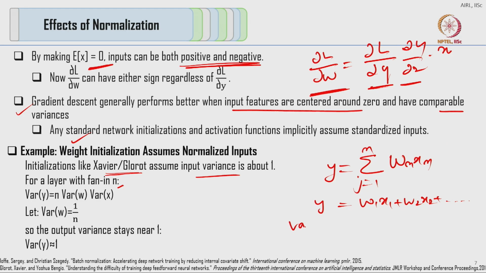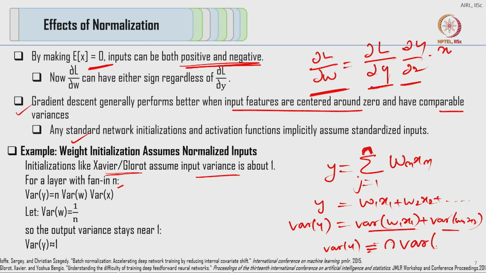Now if we take the variance of y, it is essentially variance of w1 x1 plus variance of w2 x2 and so on. Since the variance of w1 x1 is the same as variance of w2 x2, let us take the summation as n, then the variance of y is represented as n times the variance of w1 x1.